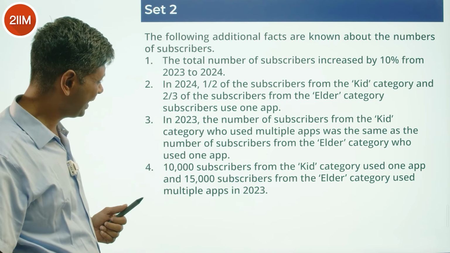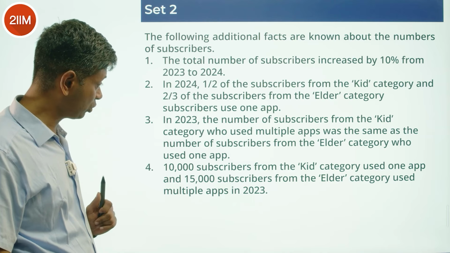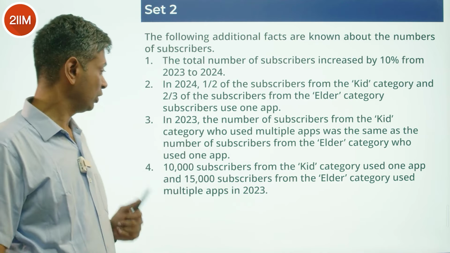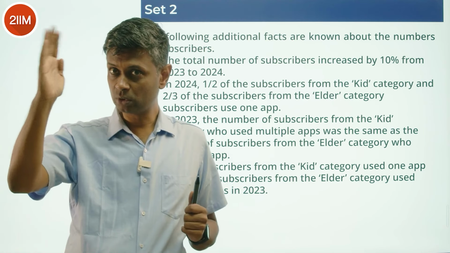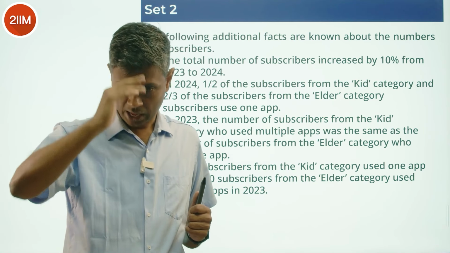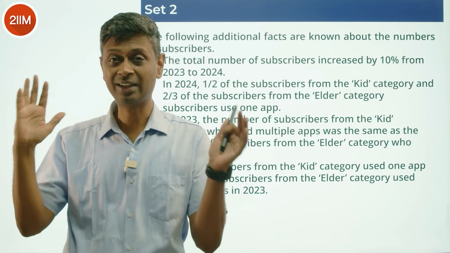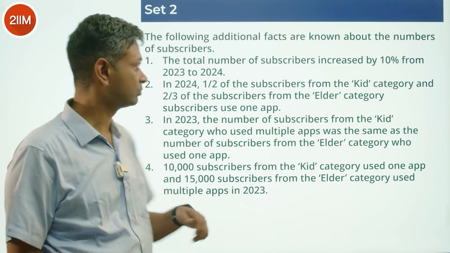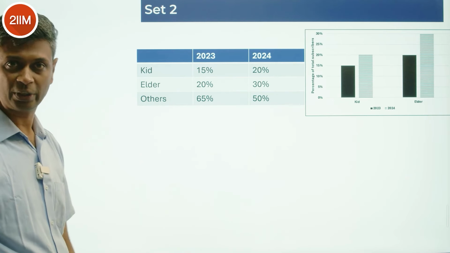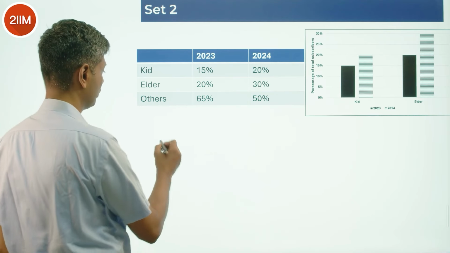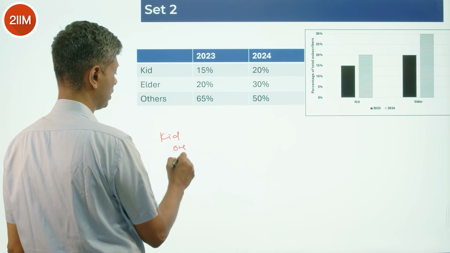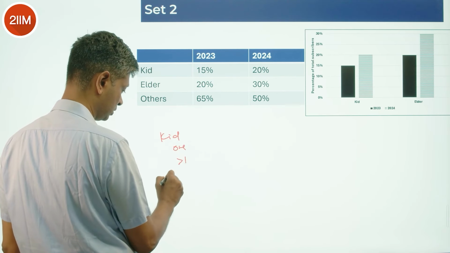10,000 subscribers from the kid category used one app and 15,000 from the elder category used multiple apps in 2023. And so we're going to say 23, 24, kid, elder, one app, other app, others, total. That's our way of capturing this data. So kid, elder, others for 23 and 24. But we're going to add layers to this. We're going to say, hey, kid, one, more than one.